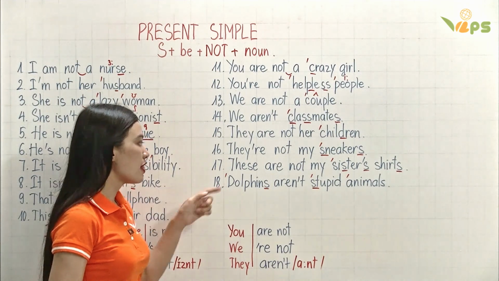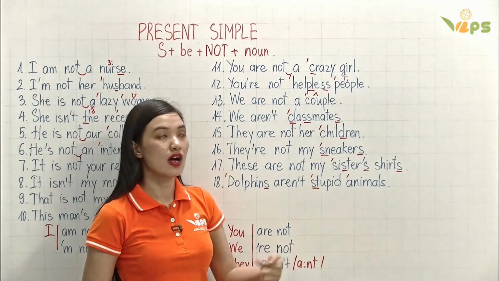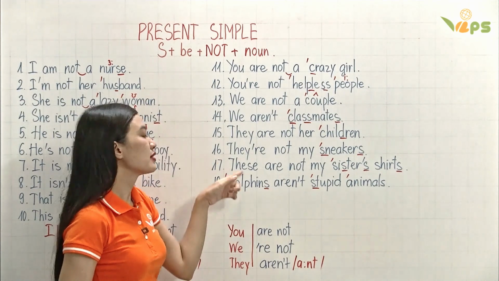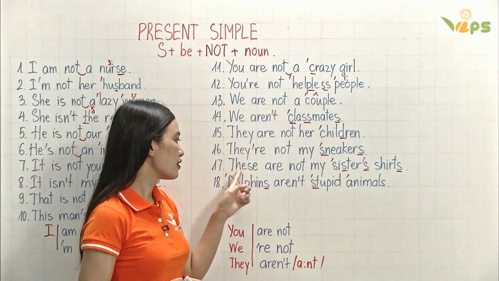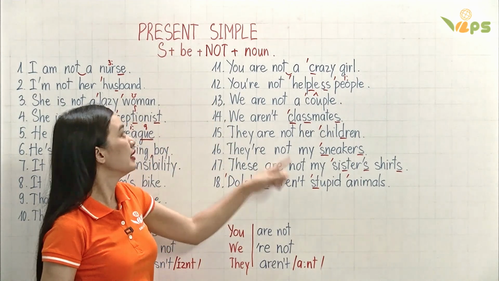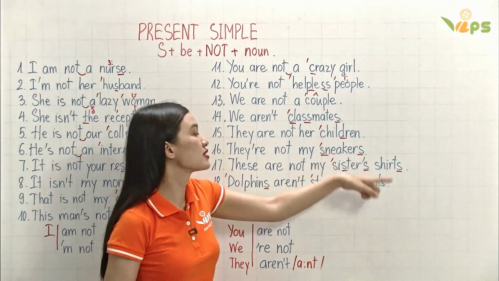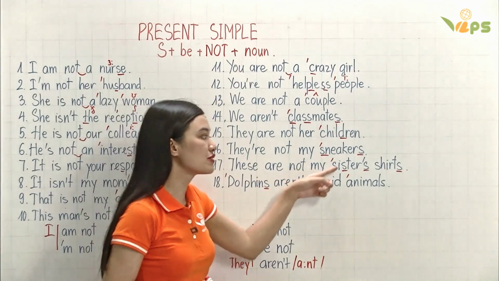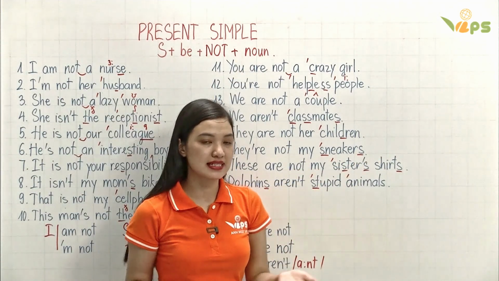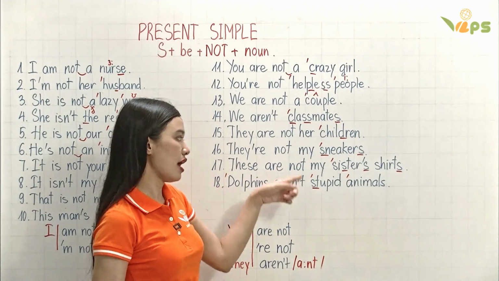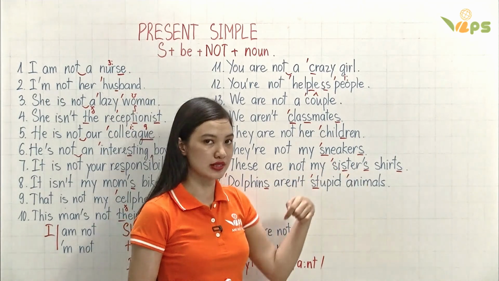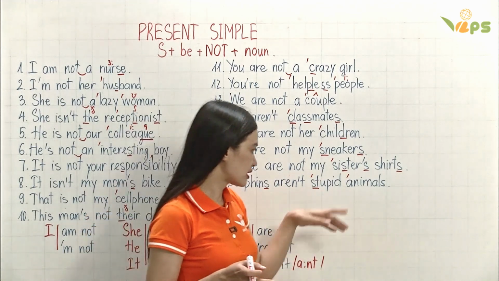17 and 18. These, the subject, this is plural noun, so we have to use with are. These are, be, not, my sister's shirts. Now, my sister's shirts, that means the shirts of my sister. These are not my sister's shirts. This is kind of tricky, huh?